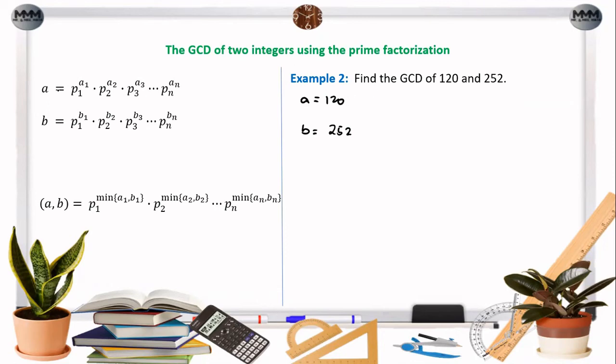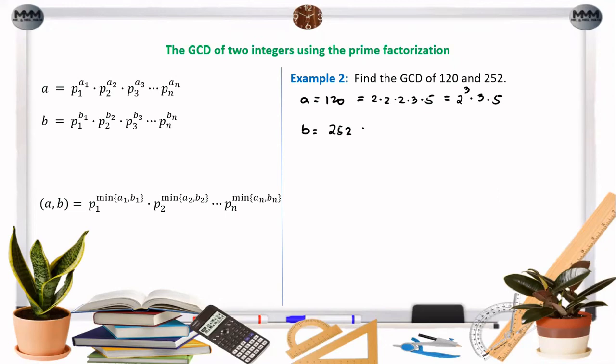So in this way, for 120, we have 2 times 2 times 2 times 3 times 5, or we can write it as 2 cubed times 3 times 5.